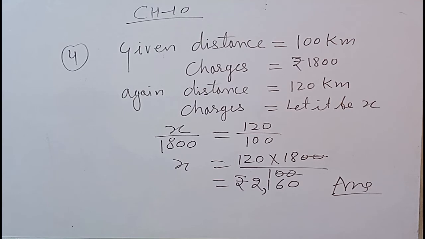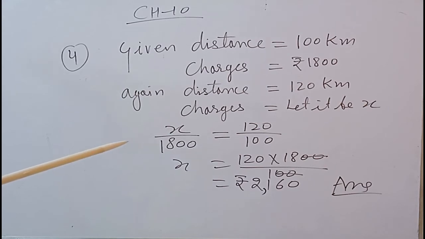One quantity is increasing and so the other quantity is increasing. So write x upon 1800, as x and 1800 are both the charges, and we are finding x for 120 kilometers. So 120 we write in the numerator and 100 in the denominator.